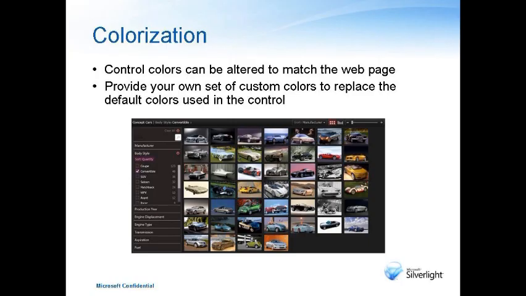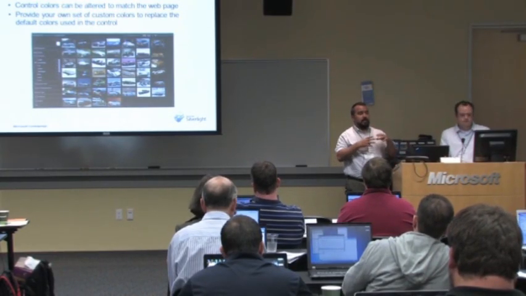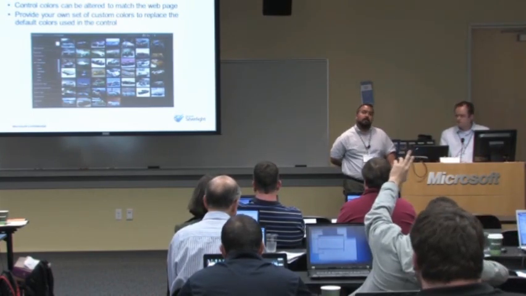We're not supporting full Silverlight styling in V1. Kind of going back to what Gary said earlier, we want to keep some control over what the experience is like on various sites. So this is a limited styling that lets you just set colors. And every color in the control is changeable, but the major layout of it and the font and how things work is still under our control.